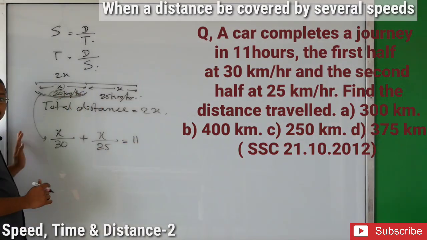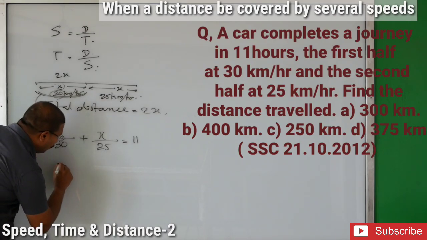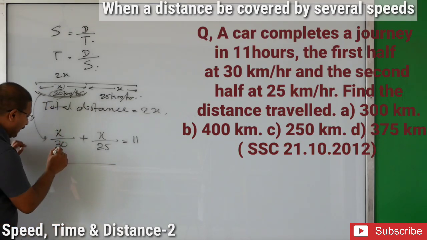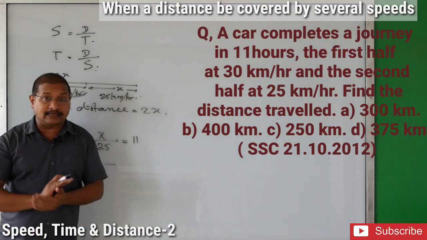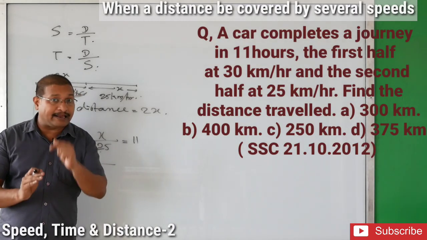Ready? So for 30 and 25, we will go for the LCM. We have another video on how to take the LCM; I will give the link here, so kindly watch that.